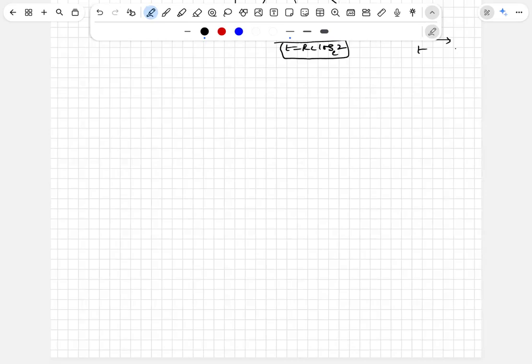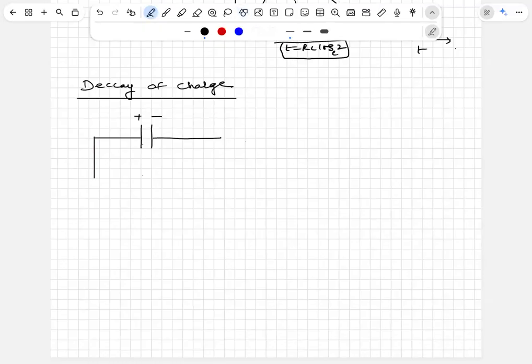What exactly does that mean? I already have this fully charged, and at t is equal to 0, Q is the charge.